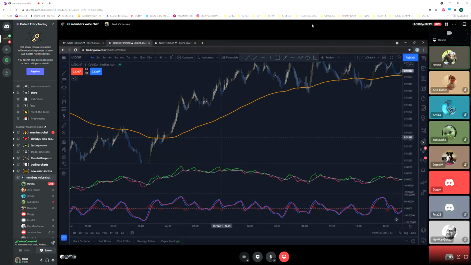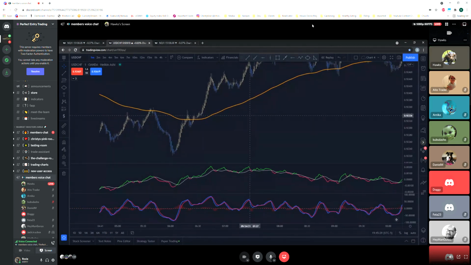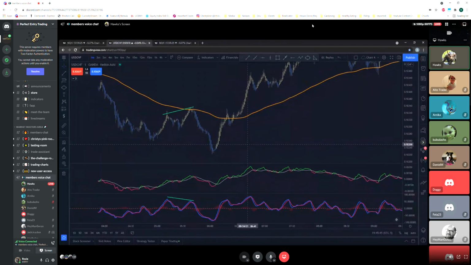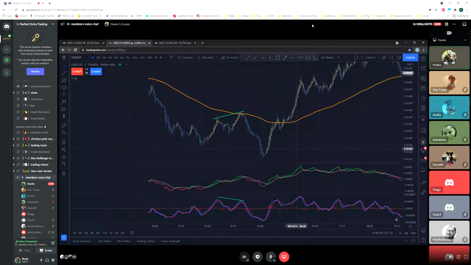You have another nice divergence right over here to the downside, and that's really nice. I really want to find a head and shoulders pattern. I want to show you if I can see one.